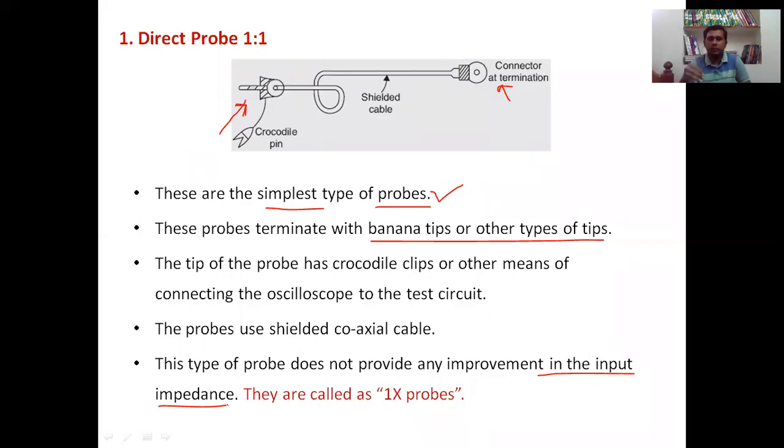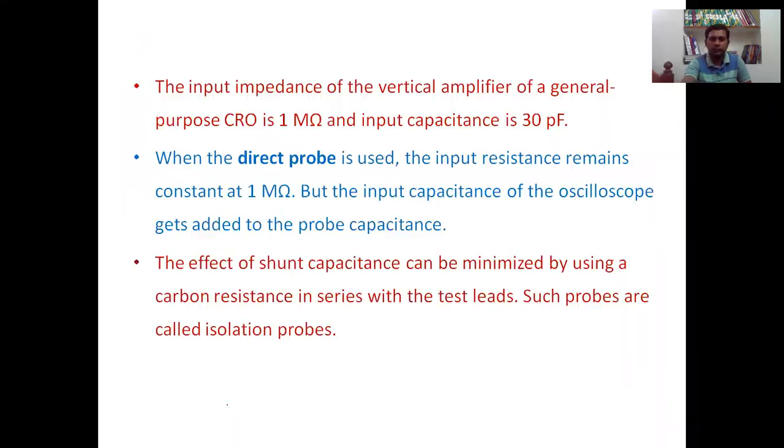But in this simplest type of probe, the direct probe 1:1, there is no improvement in input impedance. Whatever impedance is there at the basic probe remains constant, and it will not reduce any loading effects.